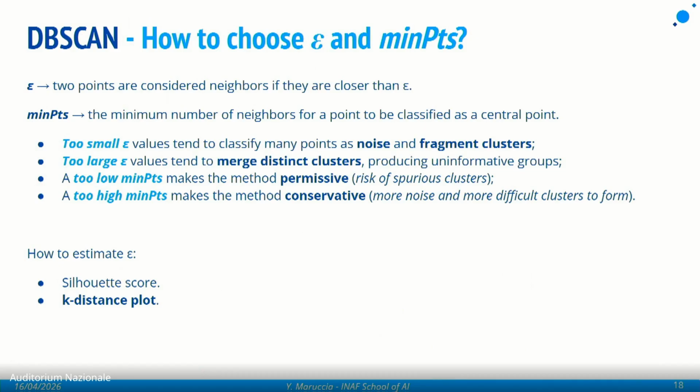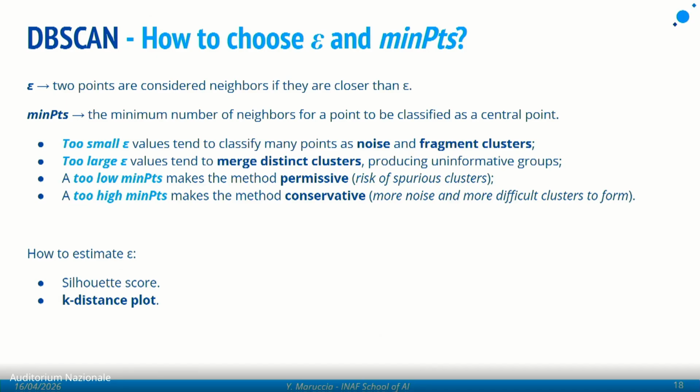So how to choose epsilon and min points? With k-means we have the problem of understanding how many clusters we have at the beginning. But now with DBSCAN we have to understand from our dataset what is the best choice for epsilon and the minimum number of points necessary for considering a group of data as a cluster.